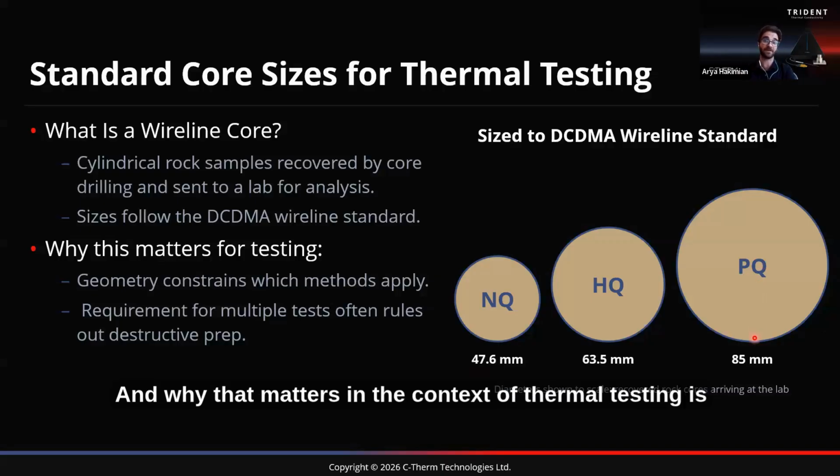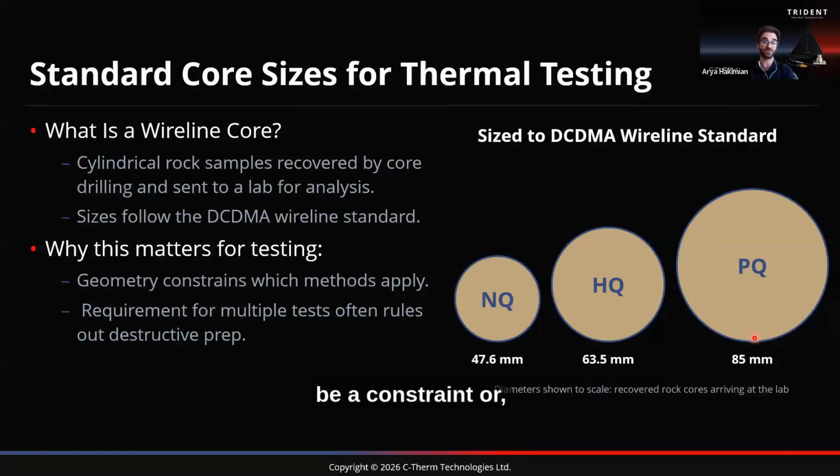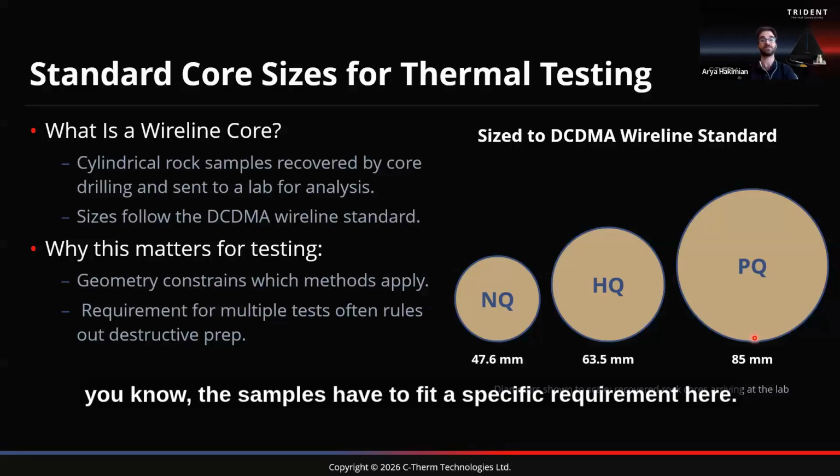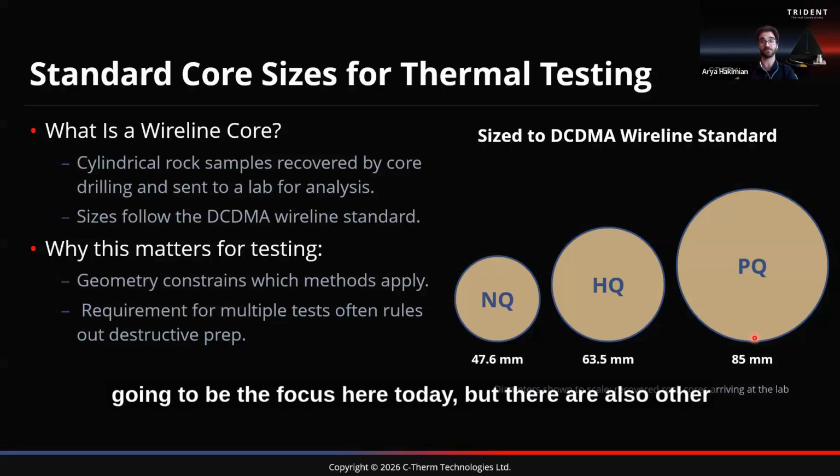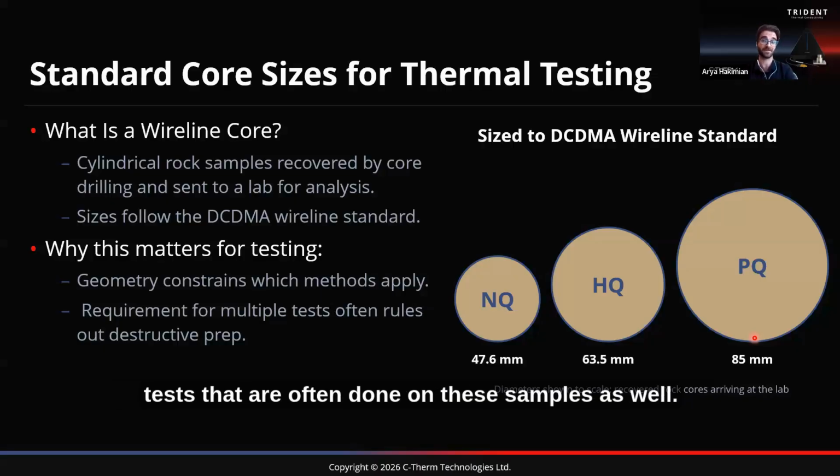And why that matters in the context of thermal testing is that oftentimes the geometry of your method can be a constraint, or the samples have to fit a specific requirement. On top of that, thermal conductivity is going to be the focus here today, but there are also other tests that are often done on these samples as well.